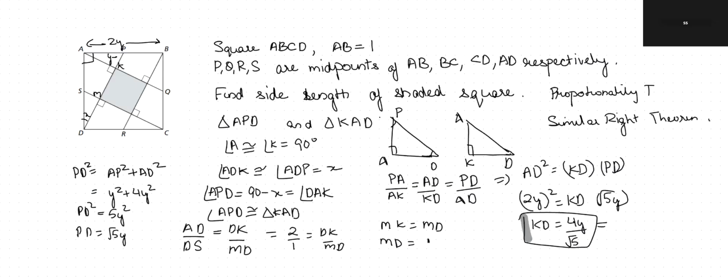So it would be half of 4Y over root 5, so it will be 2Y over root 5. Now if we put Y as half, it will become 1 over root 5. And if we simplify, it will be root 5 over 5. So this is our length. Okay. Thank you.